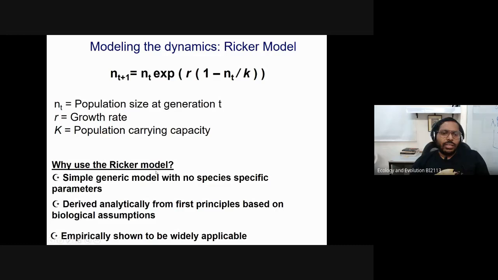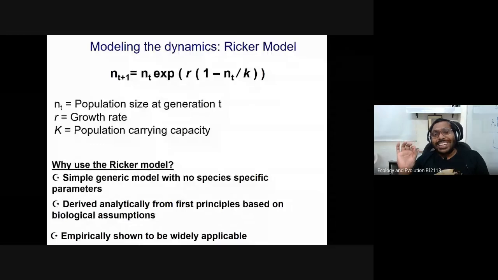More critically, this particular model has been derived analytically from first principles based on some very relevant biological assumptions. Essentially, the two biological assumptions that it comes from are, A, the individuals in the populations are distributed randomly in space, and B, they have a particular kind of competition known as scramble competition.